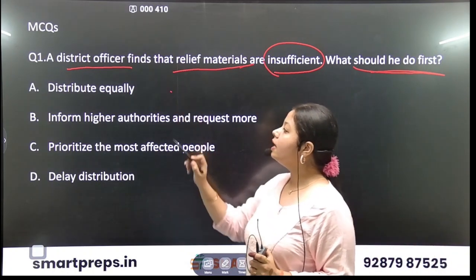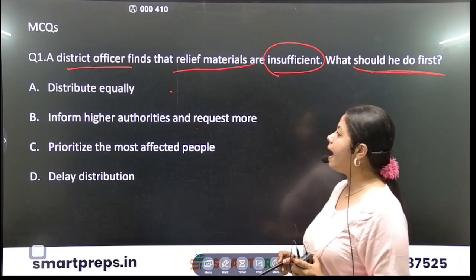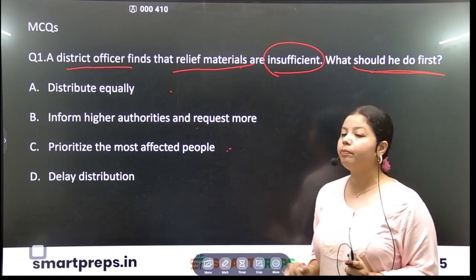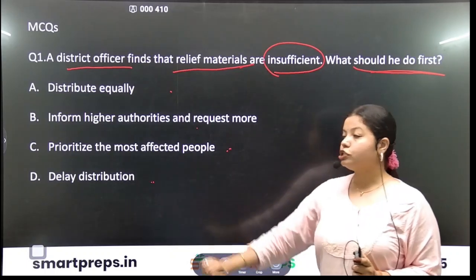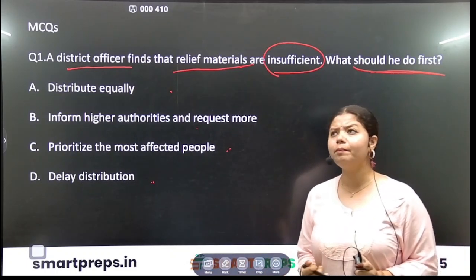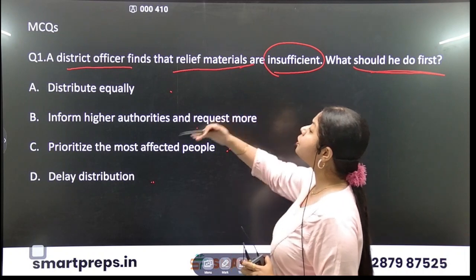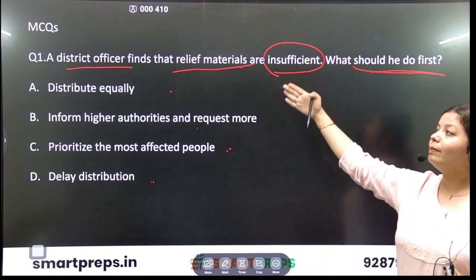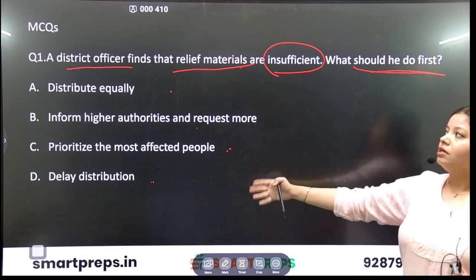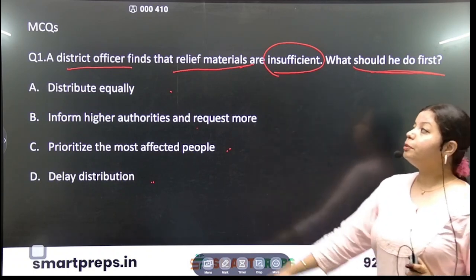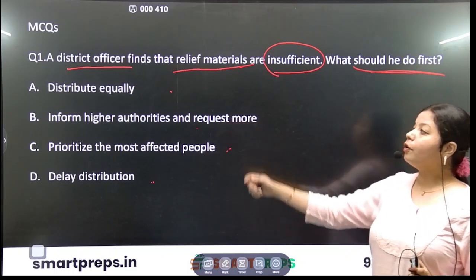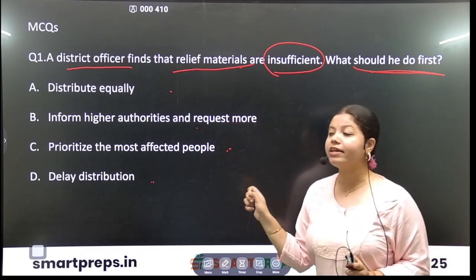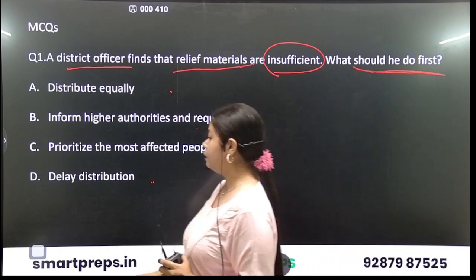Distribute equally, inform higher authorities and request more, prioritize the most affected people, or delay distribution? Suppose flash floods have taken place and now the district officer finds that the relief materials are insufficient. So what will be the correct decision?